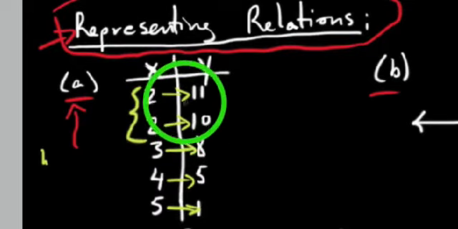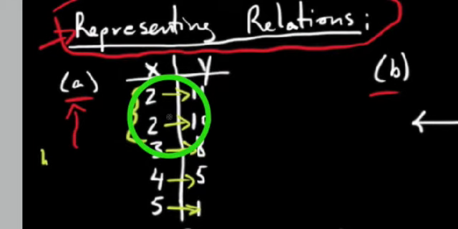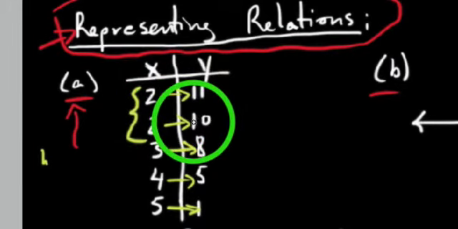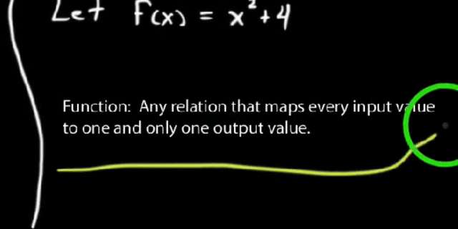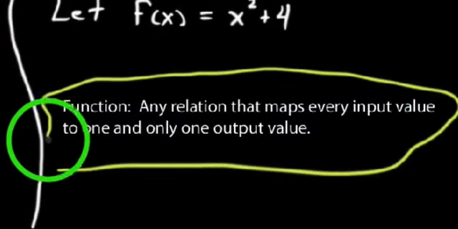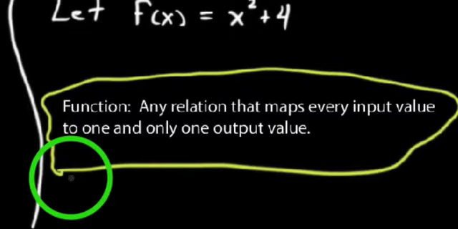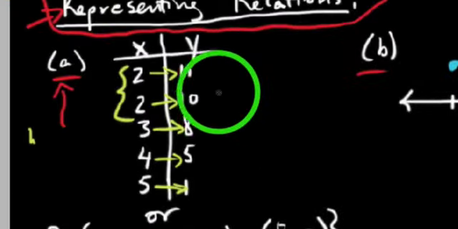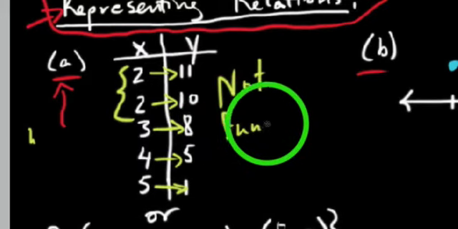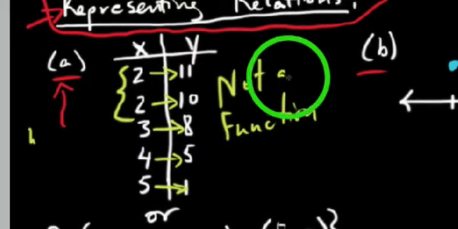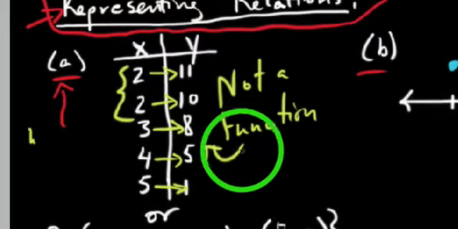So all of a sudden you're seeing that we have one input going to 2 separate outputs. And that, if we look at our operational definition of a function over here, violates the stipulation for being a function. So we would say that this first relation right here, although a relation, is not a function. So this one is not a function.